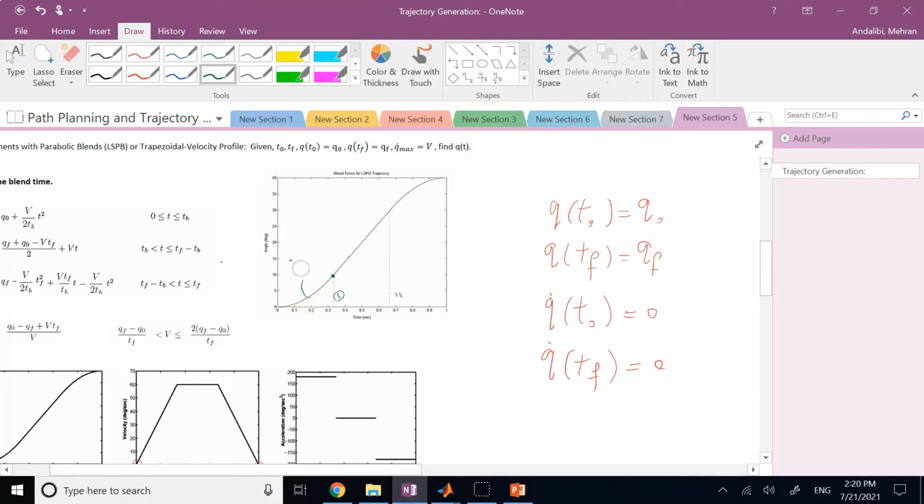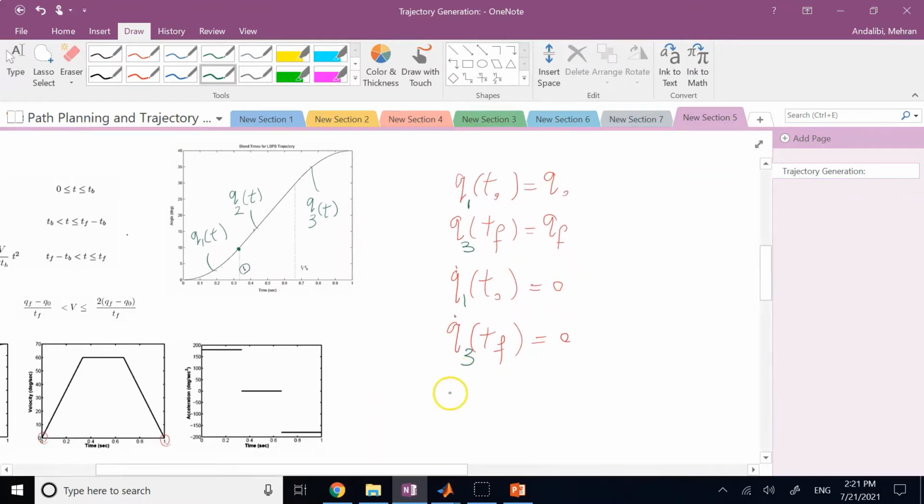So if I call this portion q1 of t, I call this portion q2 of t, and I call this last portion q3 of t, right? Then this is q1, this is q3, this is q1, this is q3.